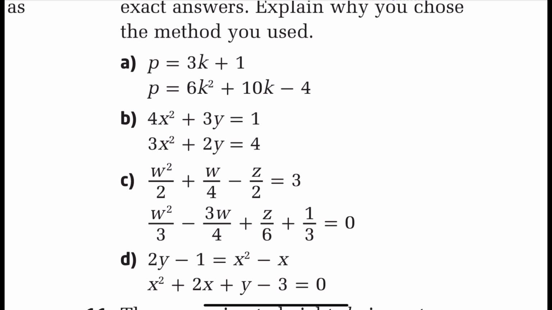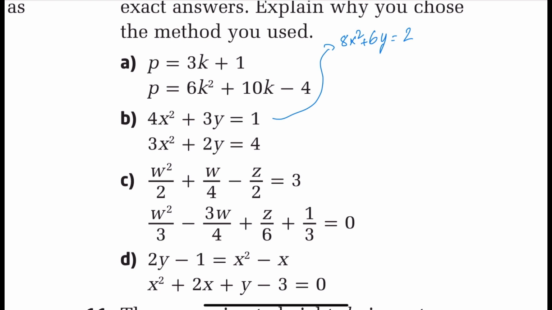I will multiply the first equation by 2. This will give me 8x squared plus 6y is equal to 2.